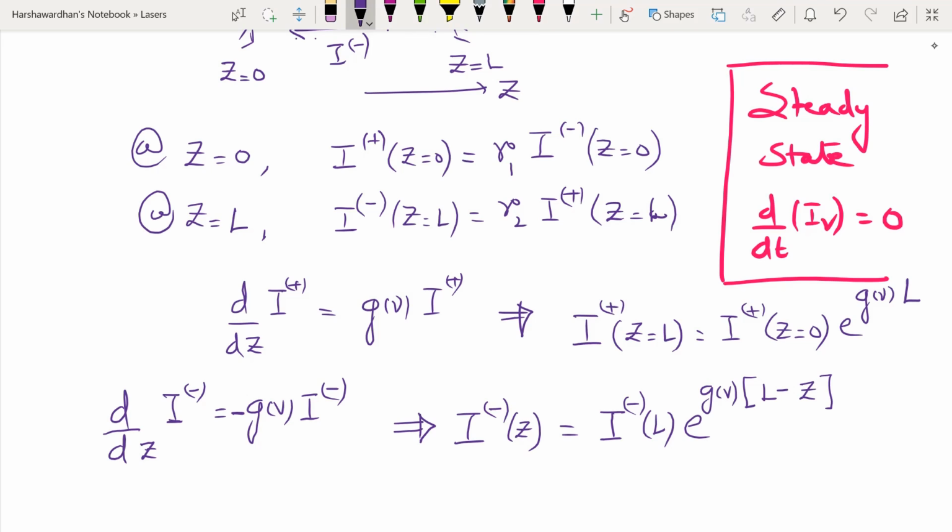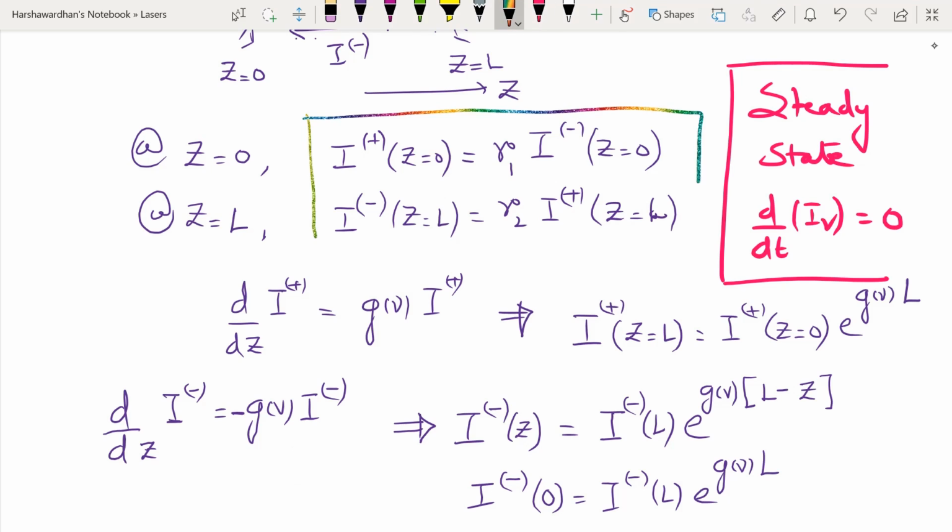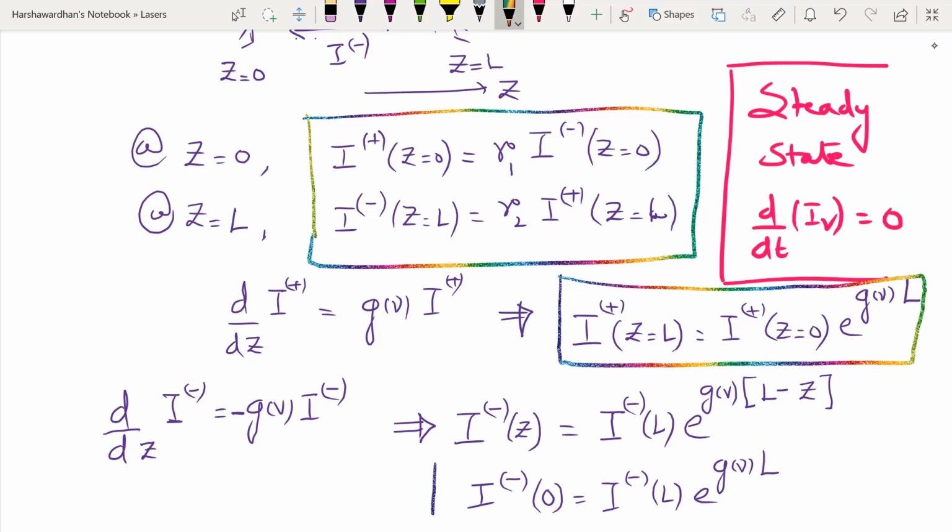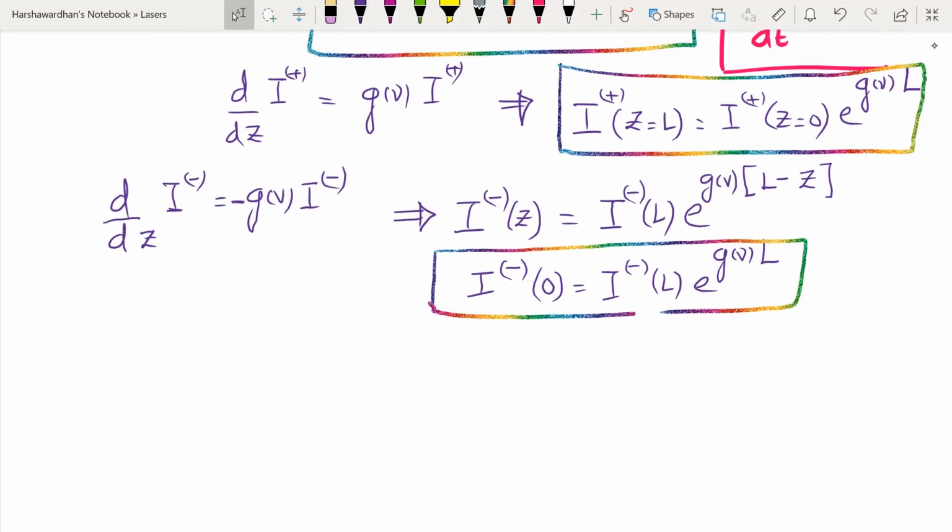This simply implies for us the following, that my I minus at 0 is simply the I minus at L times e to the power of g of nu times L. Right? So we have got these four relationships that we need to work with. Two of these are the relationships at the mirror, and two of these relationships are arising from propagation inside this medium. So we will use these four relationships and do the following.